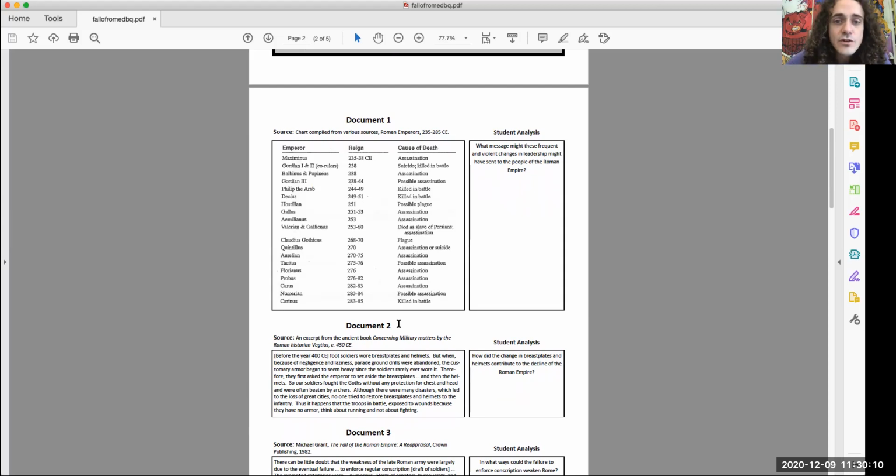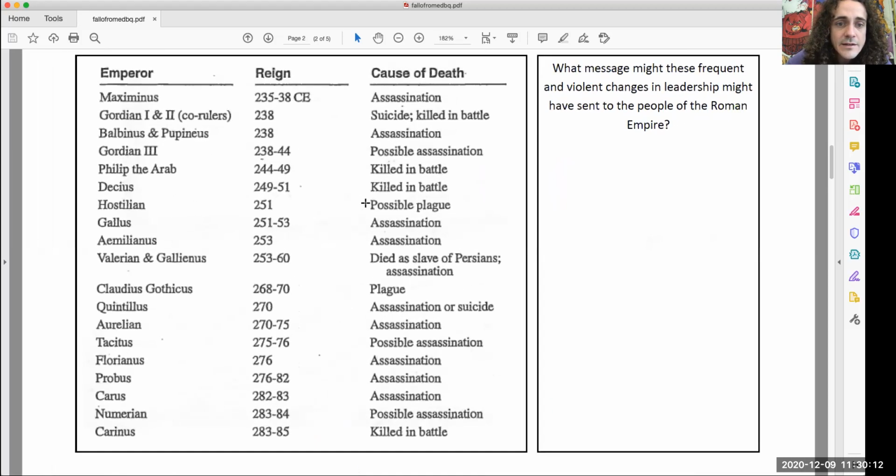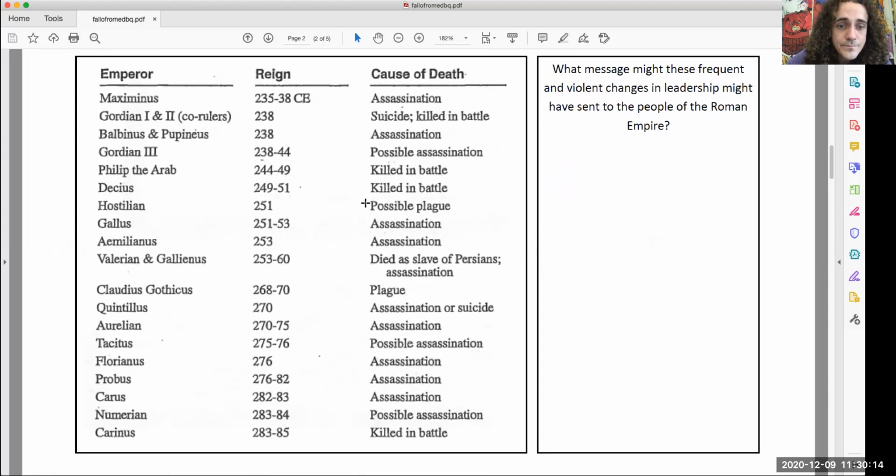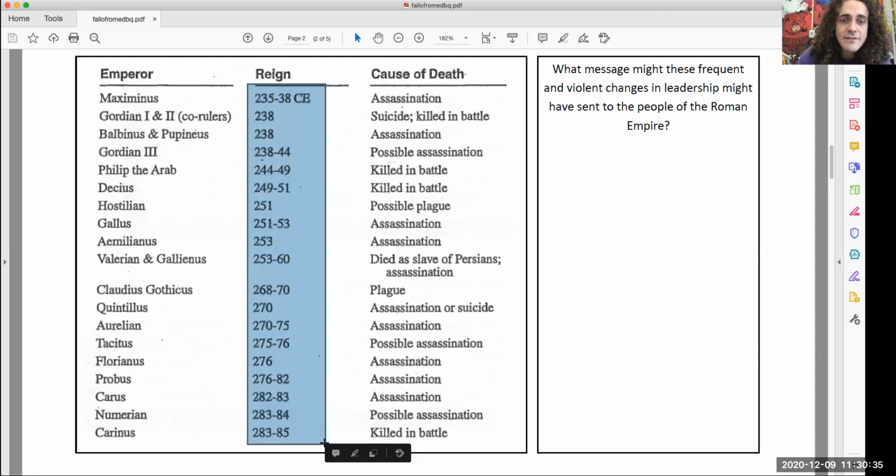For example, let's look at Quintillus, 270. That's only a year. If you want to research additional info on his reign, you're more than welcome to, but that's not entirely necessary, because just by looking at the reigns, we have a better idea of the basic problem here.